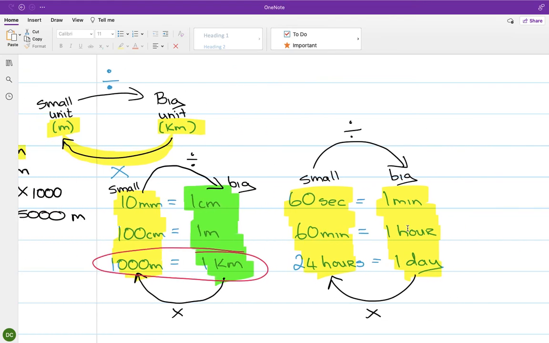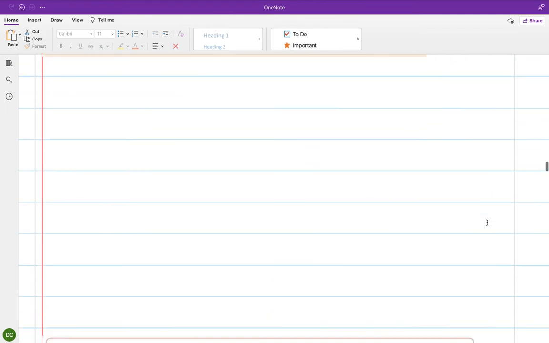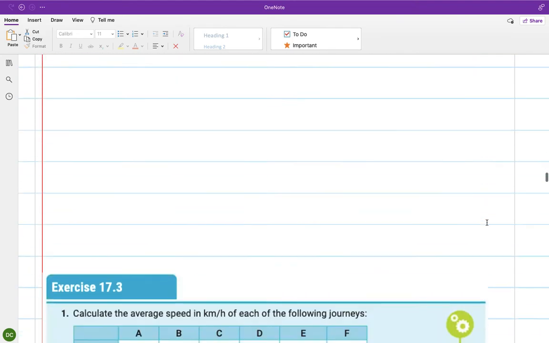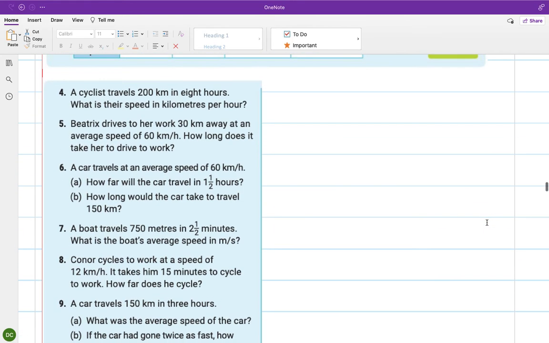I got confused there. So just take your time when you're trying to convert. Make sure you know, am I going from big to small or small to big? Is it multiply or divide? And which number am I talking about? Am I multiplying by 10, by 1,000, by 100, by 60, whatever it is. Okay, so give a few of them a go and we will do more. So don't worry, we will do more.